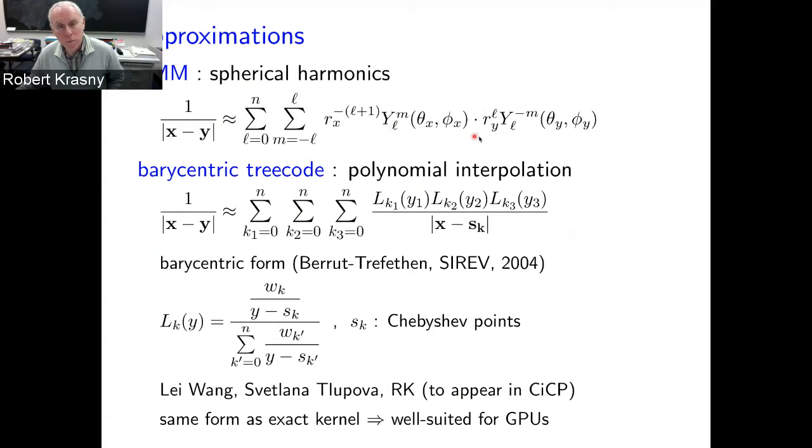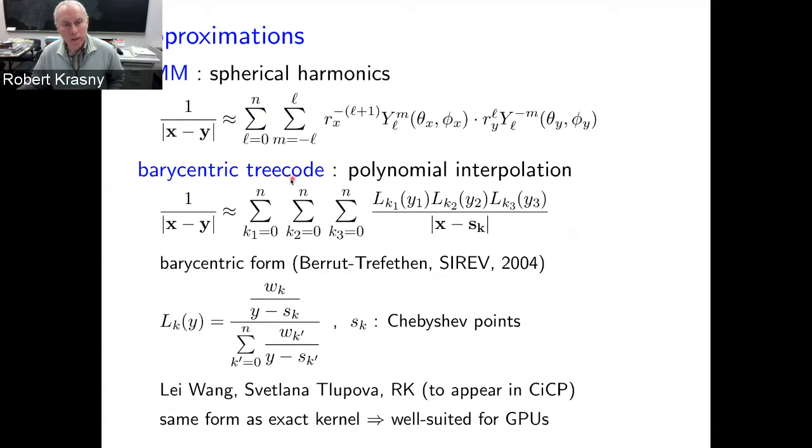We've got spherical harmonic functions over here, and you see Rx, theta x, phi x. Those are the spherical coordinates of the target x. And over here you see Ry, theta y, and phi y. Those are the spherical coordinates of the source. And n up here controls the accuracy of the approximation.